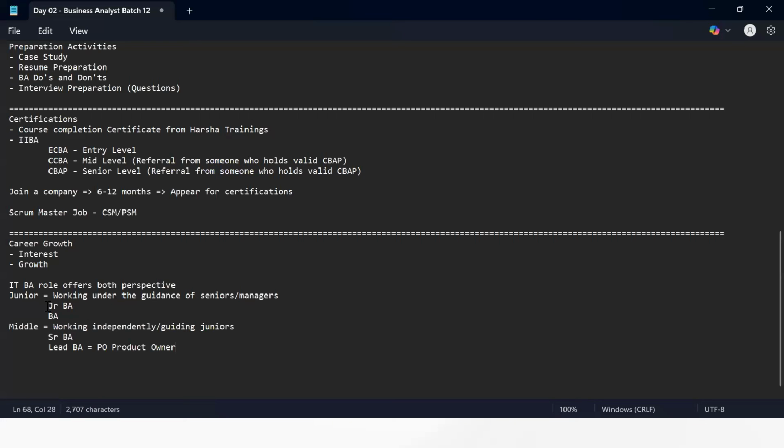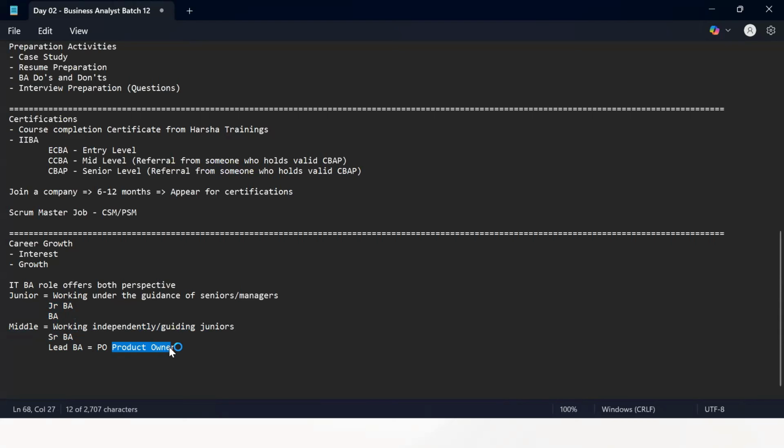Now, Scrum guideline says there is no concept of BA, there is only product owner. But to be honest with you guys, when it comes to actual companies, they have BAs separate from product owner. So our goal is to maybe start as a BA, but eventually transition into product owner roles.